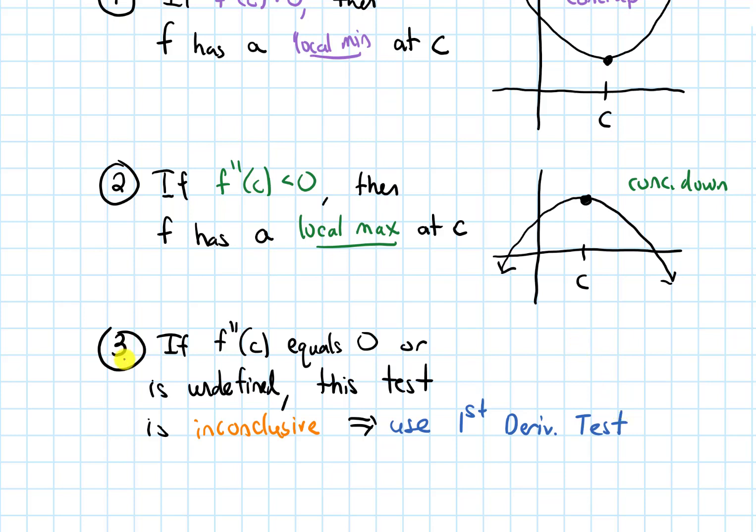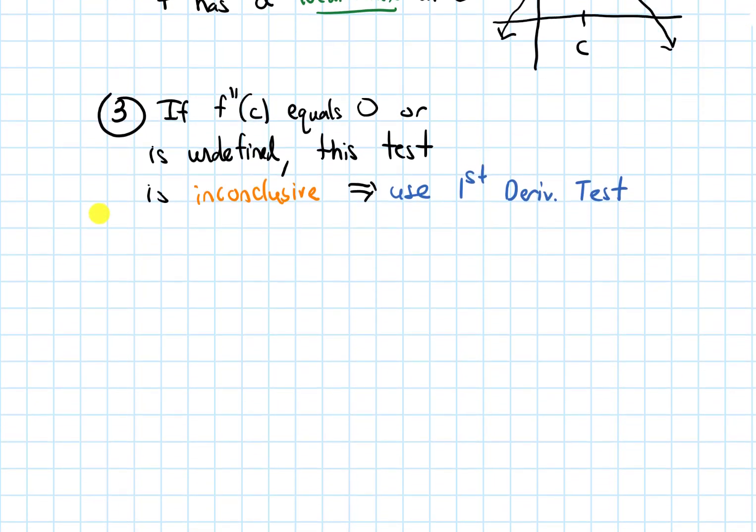Okay, so why is the second derivative test inconclusive? Why do I get no information when I plug in my critical number and it either equals 0 or is undefined? So I want to look at two examples where that happens to show you that different things can happen. Okay, so if I look at the function f of x, and my function is x to the third, let's find critical numbers.